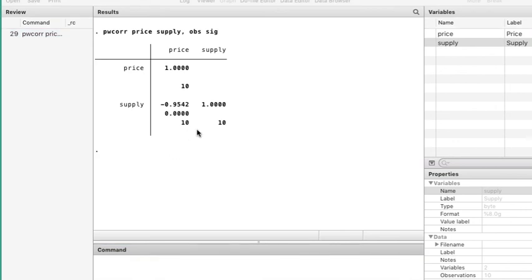Now once you enter it, you get the result by this command also. Again we got the coefficient of correlation, minus 0.9542, and the command was pwcorr price supply, obs and sig. This is for 10 observations.